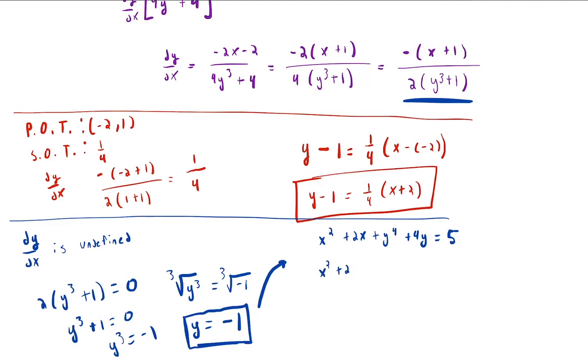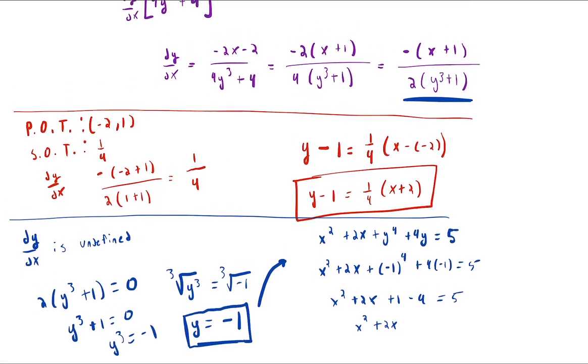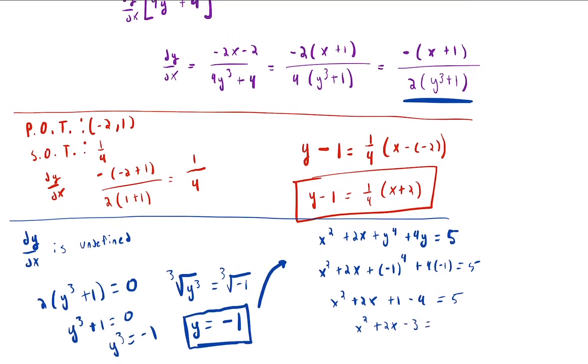So x squared plus 2x plus -1 to the 4th plus 4 times -1 equals 5. X squared plus 2x. This is going to be a negative number to an even power, that's a +1. Minus 4 is equal to 5. X squared plus 2x minus 3 is equal to 5.